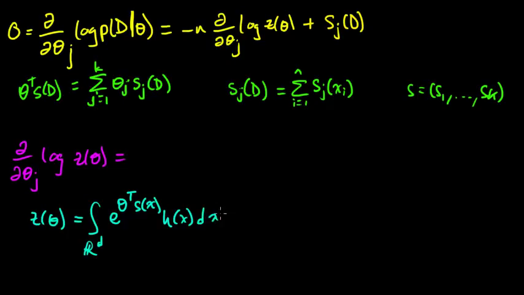This is integrating with respect to x with respect to Lebesgue measure. Okay, so we have the log of this. So the derivative of a log equals 1 over Z of theta times the derivative of Z of theta with respect to theta_j.